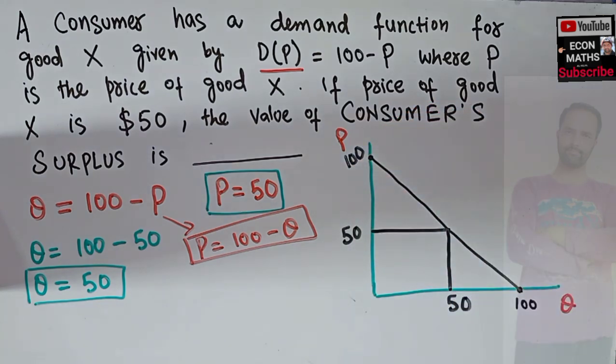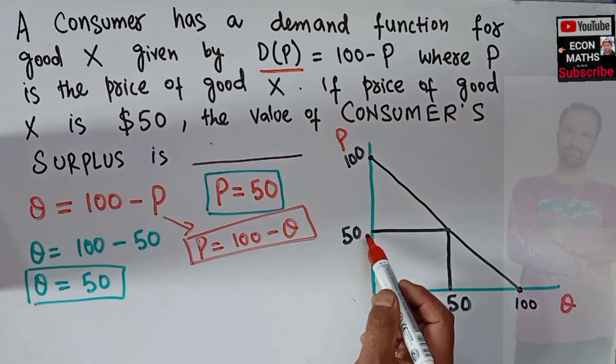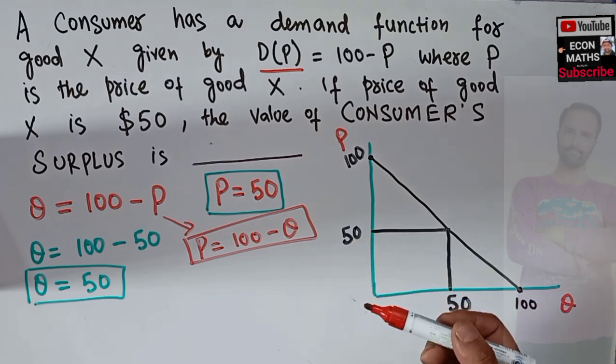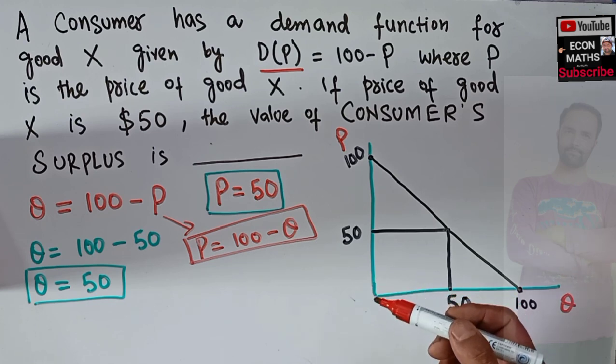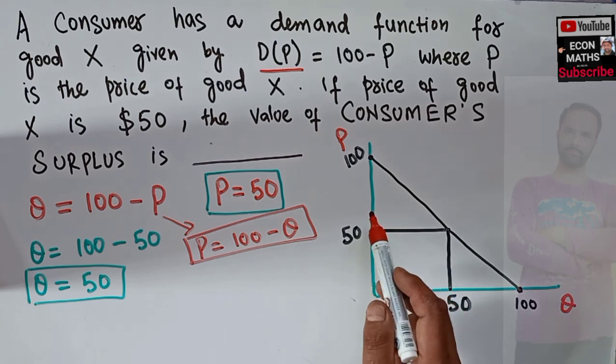Now what is consumer surplus? Consumer surplus is simply the difference between the price that the consumer is willing to pay for a product and the price he actually pays for the product. The market price is 50. There will be other consumers who would have been happy to pay a price more than 50.